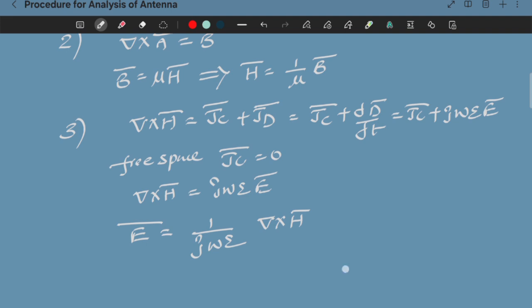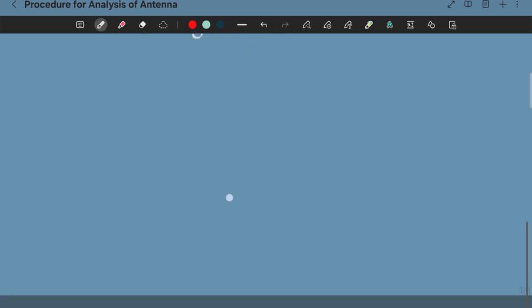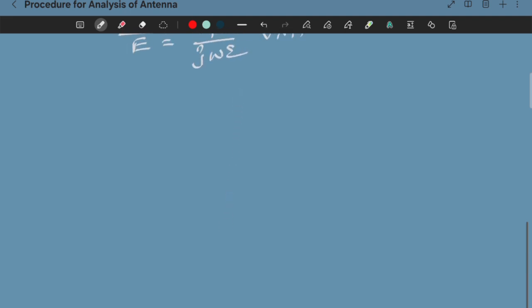So what you need to understand here is that the analysis of the antenna is all about getting the fields, the parameters of the antenna. That is nothing but analysis. So in a simple note, you can remember one thing, that you need to start with A bar. That A bar should be in spherical coordinate system. But if you have it in Cartesian, that is to be converted.